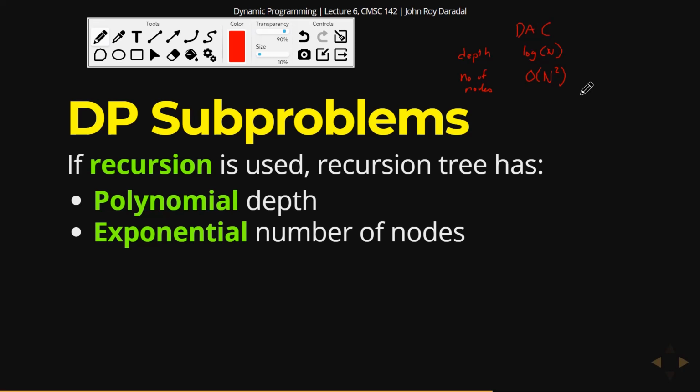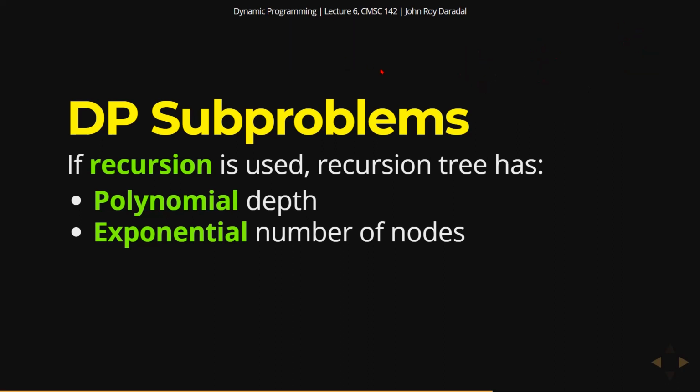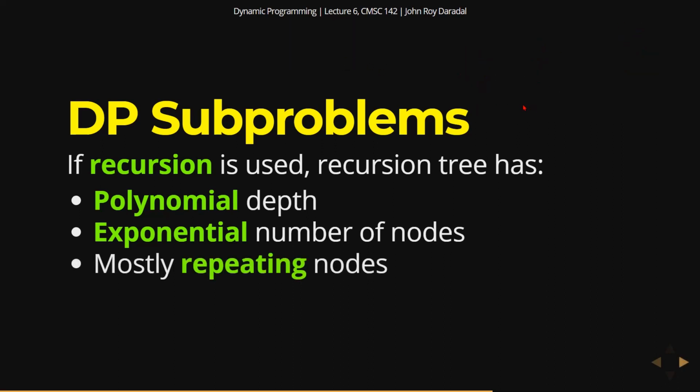And then in dynamic programming, the depth could be polynomial. So O of could be n squared or n cubed. And then the number of nodes would be exponential. So it's going to be really bad because you go from polynomial to exponential in the number of nodes. Okay? And this is because most of the nodes there are repeating anyway. Okay? So there are too many sub-problems that you are solving again and again.